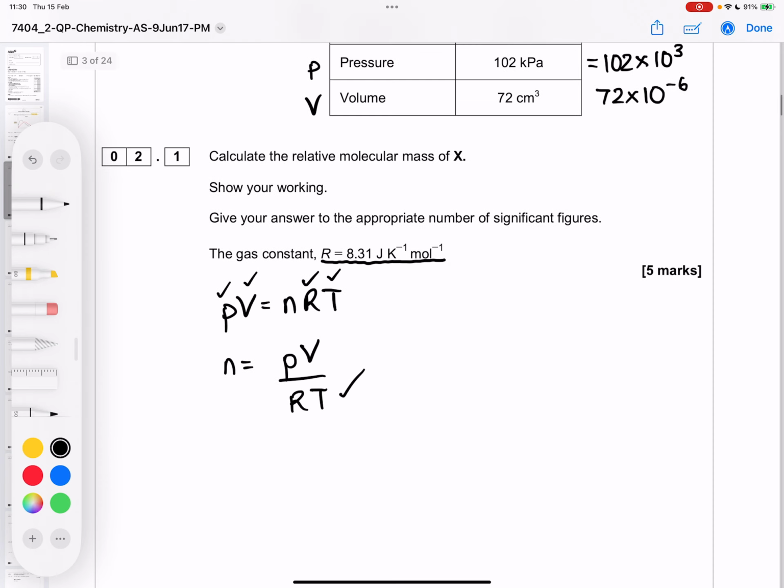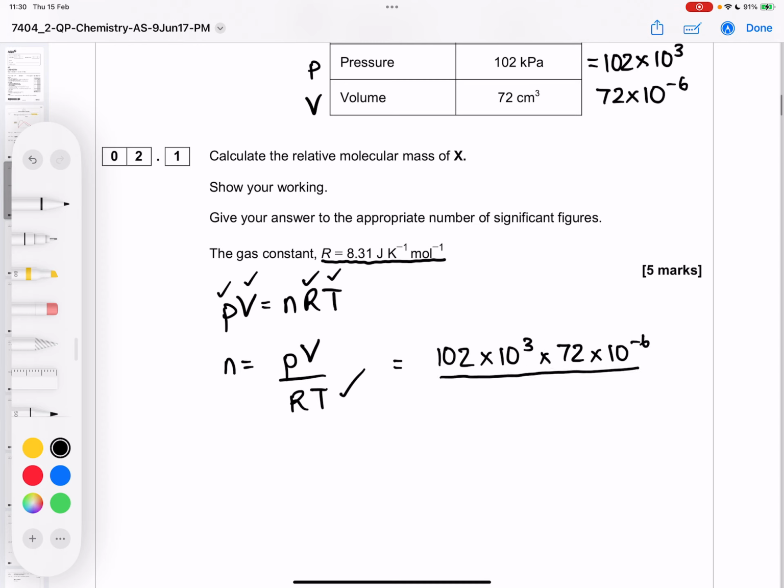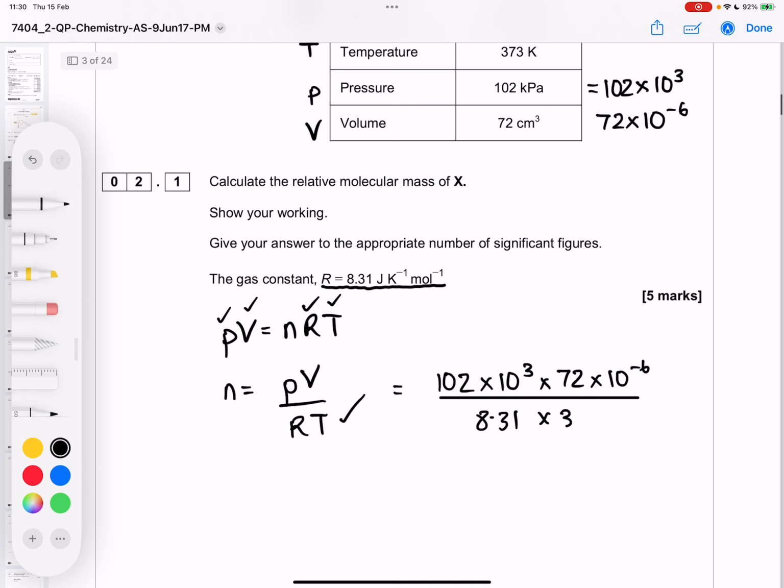So we're going to put those numbers in. So 102 times 10 to the 3 times 72 times 10 to the minus 6 divided by the gas constant R, 8.31, times by the temperature that we've been given, 373 Kelvin. We're going to put all that onto our calculator.